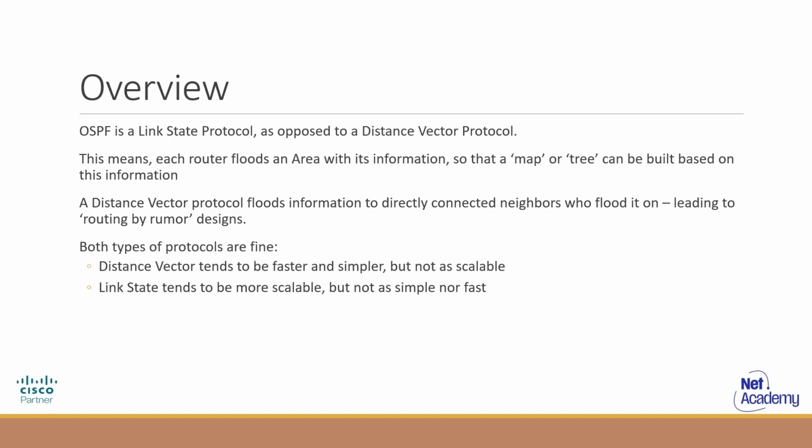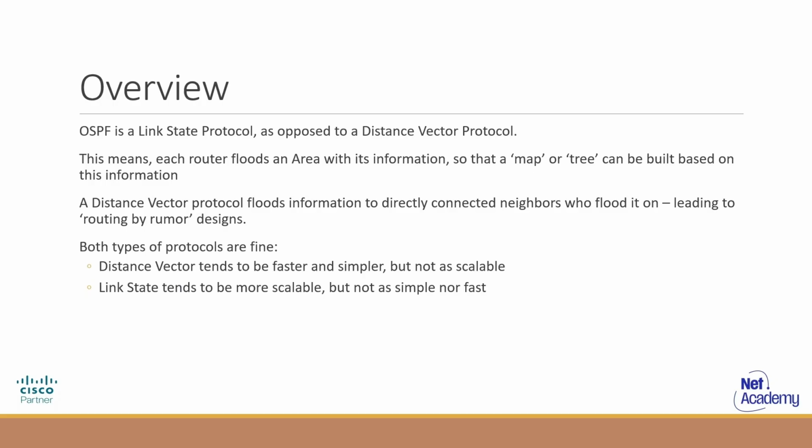What does that mean? Well, that means that each router floods what we call an area with its information. And then a map or a tree can be built based on this flooded information. I'm simplifying things, but this is at the core of what you really want to understand, right? That we're going to build a map or a tree based on this information that gets flooded out of these different networks.